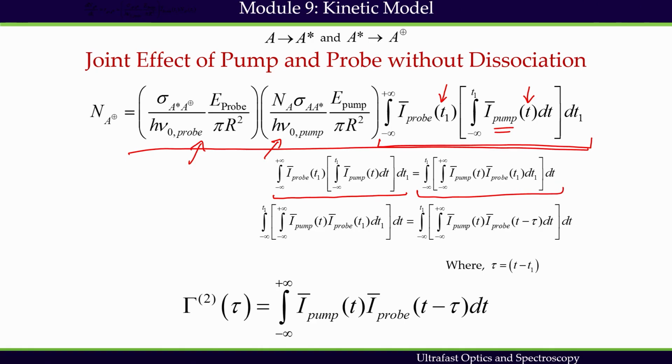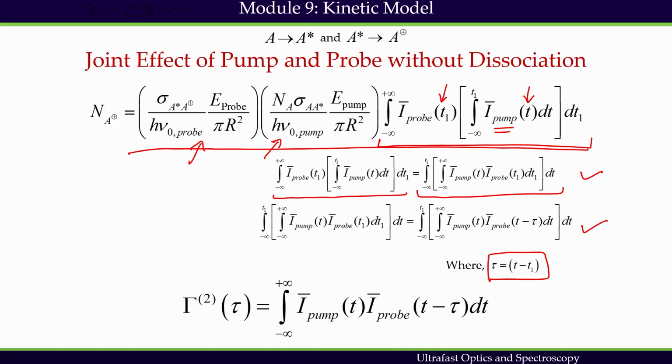The integral part of the above equation can be rewritten as this, which can be further rewritten as this, where we are defining tau, which is t minus t1, that is the time delay we will say.